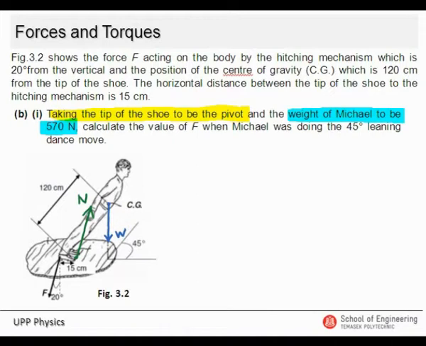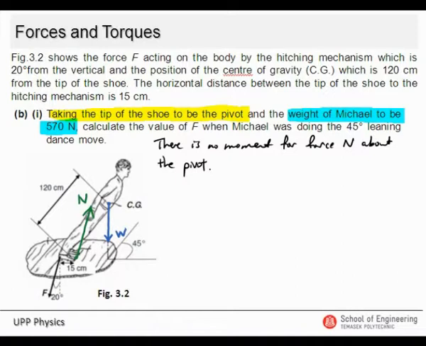Now, if we are taking the tip of the shoe to be the pivot, then one conclusion we can make is there is no moment for force N about the pivot. Why? Because this force acts on the pivot itself.